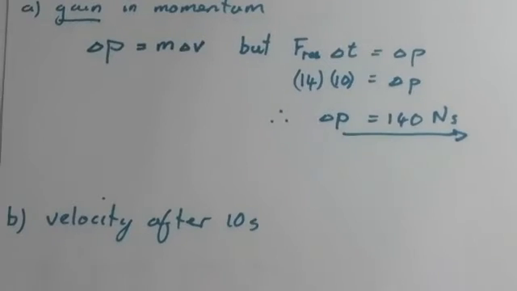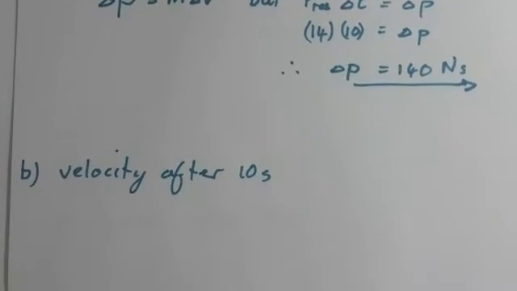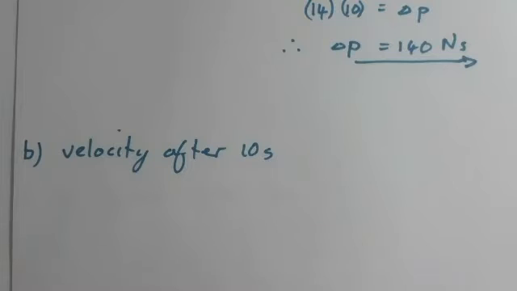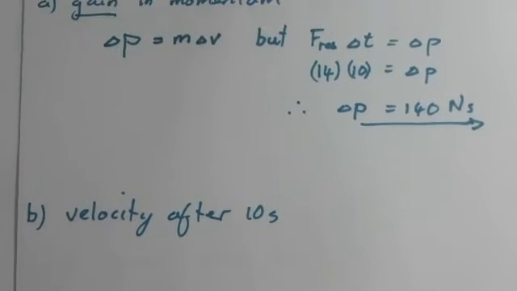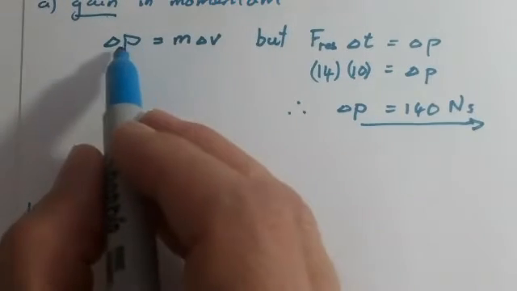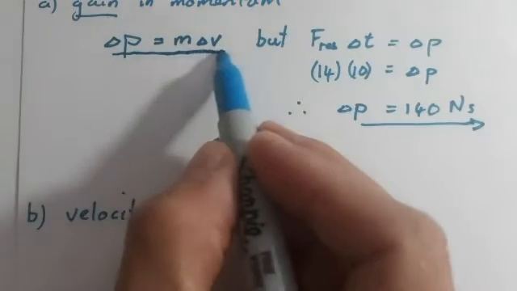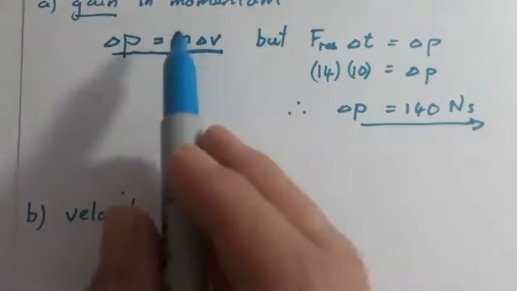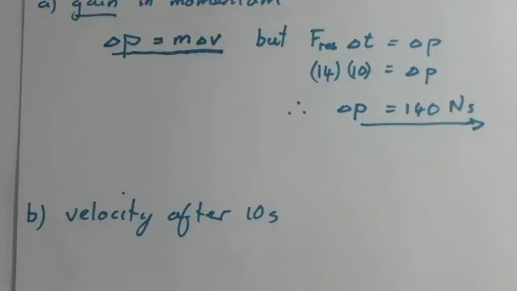After this, they ask, well, calculate the final velocity of the ball. And now I'm going to go back to this equation because I know that my change in momentum, although it's equal to the impulse, it is also mass and change in velocity.